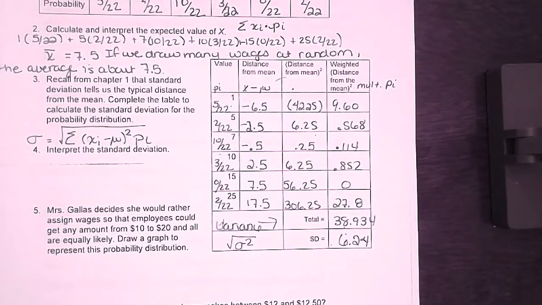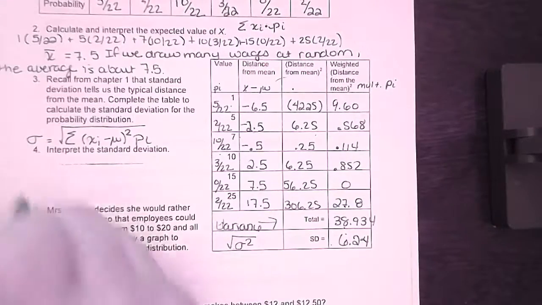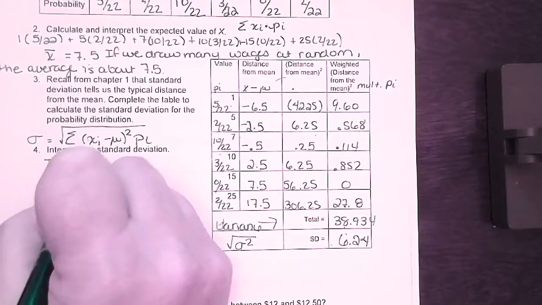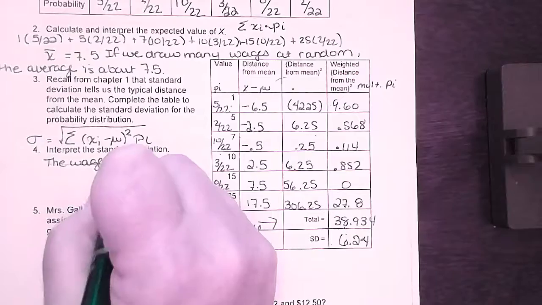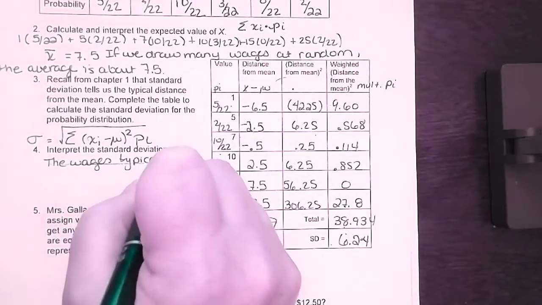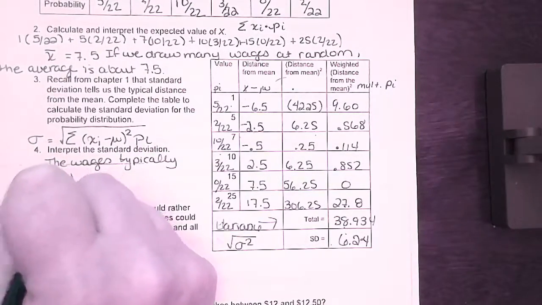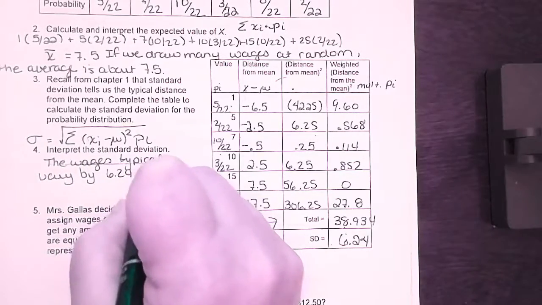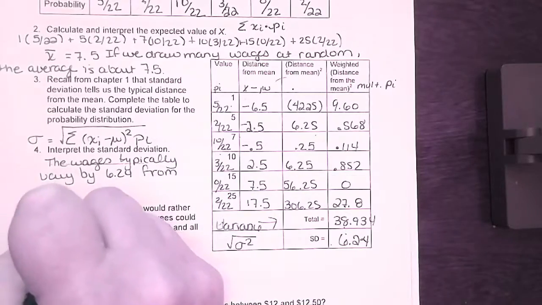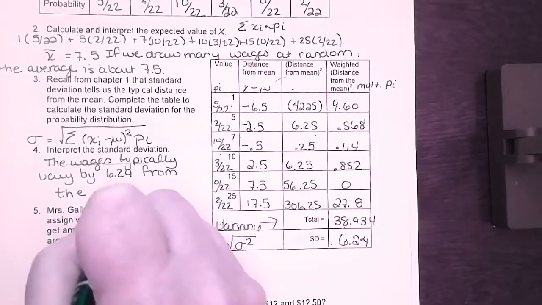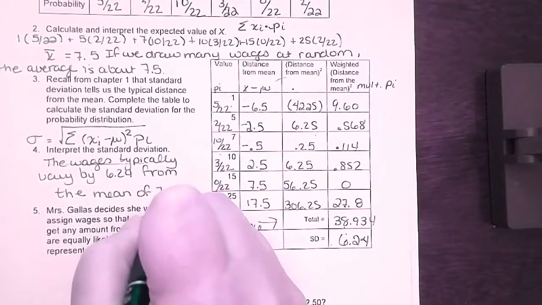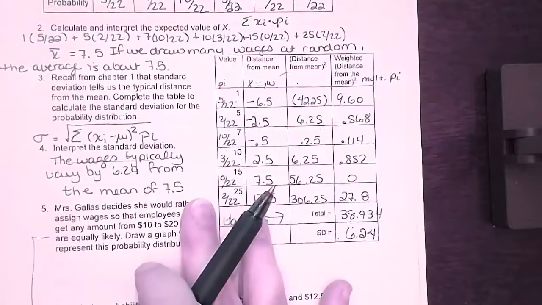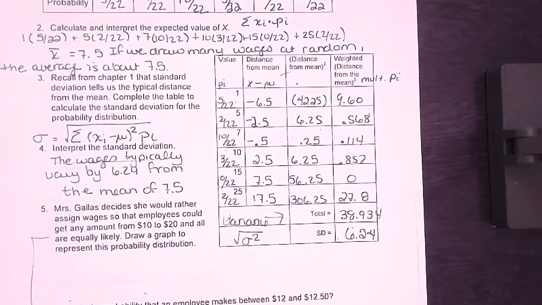So the wages typically vary by $6.24 from the mean of 7.5.